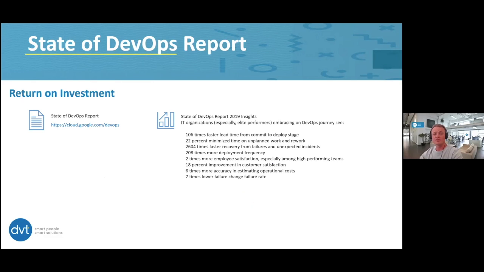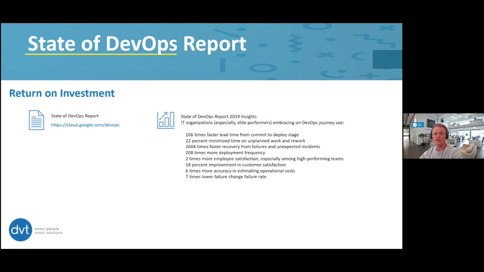As of 2019, the State of DevOps report reported that IT organizations embracing the DevOps journey see 100 times faster lead time from commit to deploy, 22% minimized time from unplanned work and rework, over 2,000 times faster recovery from failures, 208 times more deployment frequency, 2 times more employee satisfaction.